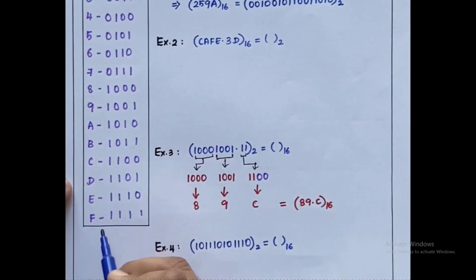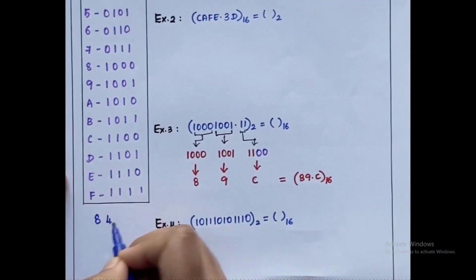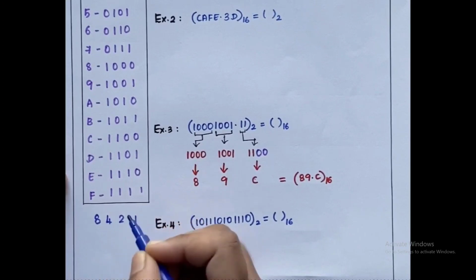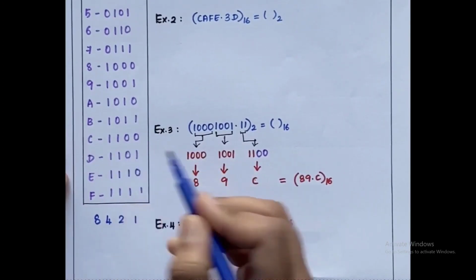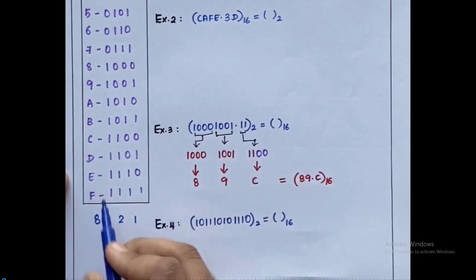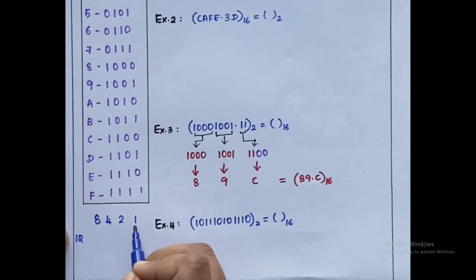To fill these values, we also know the 8421 rule, so we can apply that and get the consolidated value. Since it is 4 bits, we can make use of 8421 to fill the equivalent binary value. For example, if 12 is to be filled, we check the equivalent value: 8 plus 4 is 12.